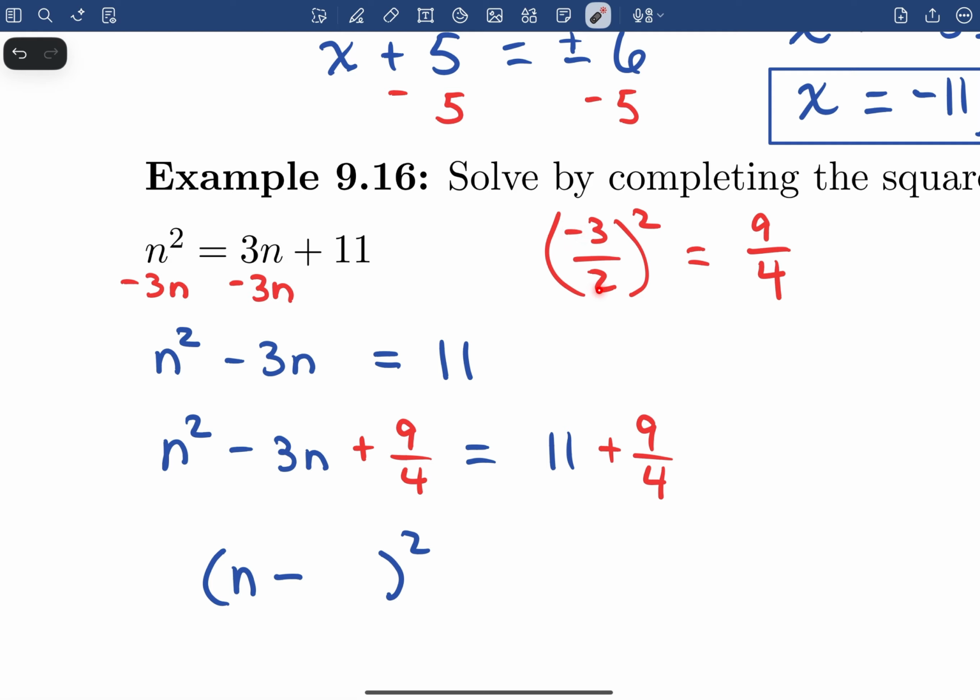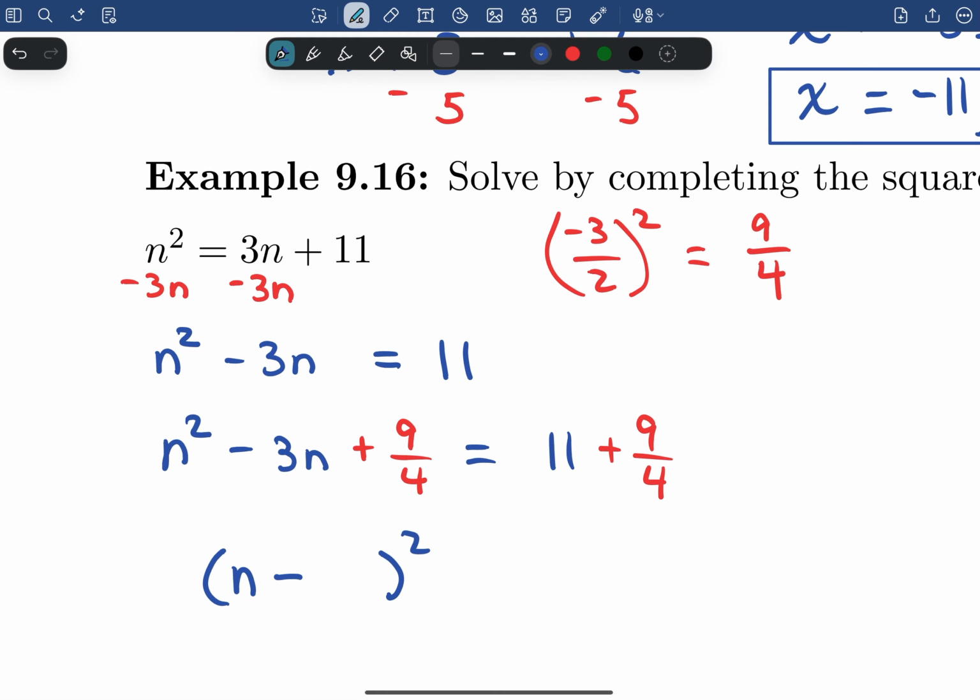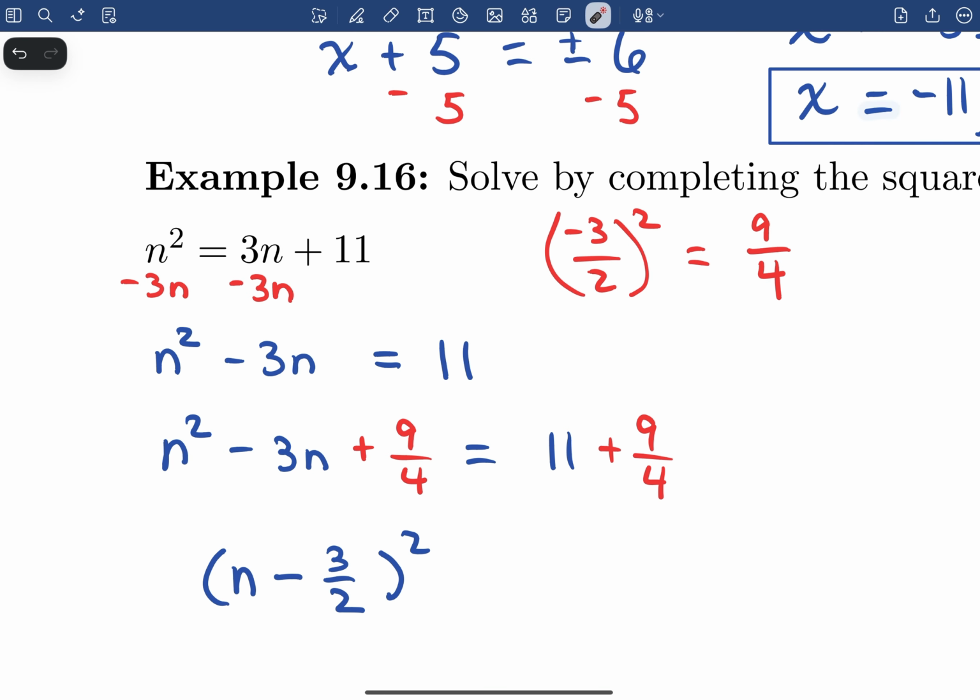Okay, and negative 3 divided by 2, this right here, that is what I put right there. So b divided by 2, right? So I put 3/2. There we go. And so you can see the negative that should be there from this, or you can look at this. It doesn't matter. You'll get it right.